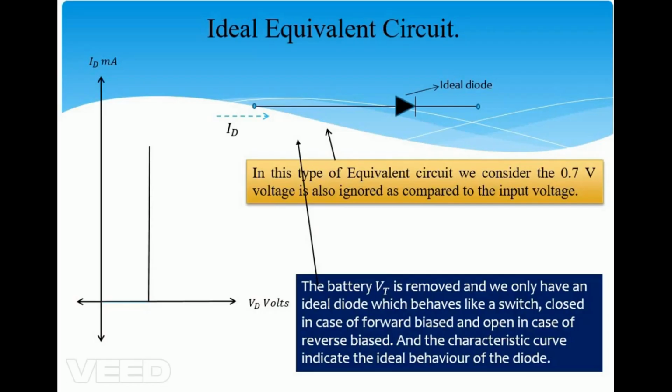The moment the input voltage is reverse biased, the polarities are inversed, then this ideal diode behaves like an open circuit. And under this consideration, the graph changes like this. We have an ideal plot where the current just starts flowing the moment the switch is on, and it stops flowing the moment the switch is off.